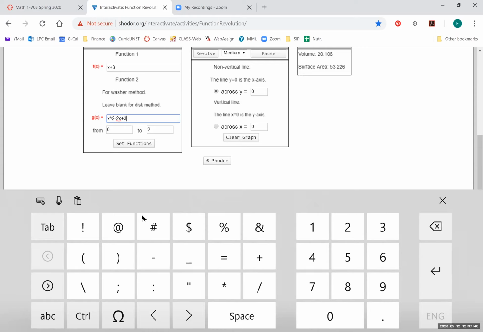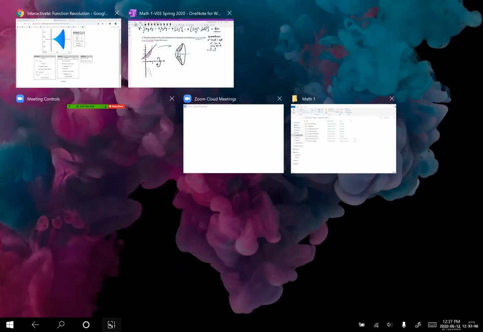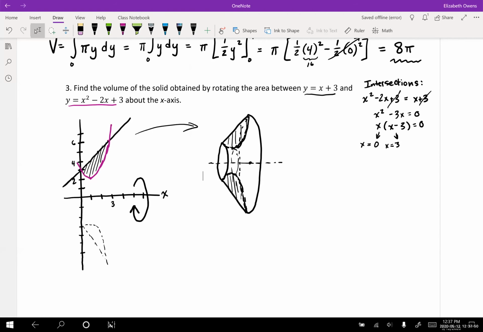Let's see where we want our x values to go. We had a pretty nice idea of that on the graph and on these intersections here. Notice that our intersections are at 0 and 3, right here and right here. That's exactly the range of x values that we're going to want to cover to make this donut.